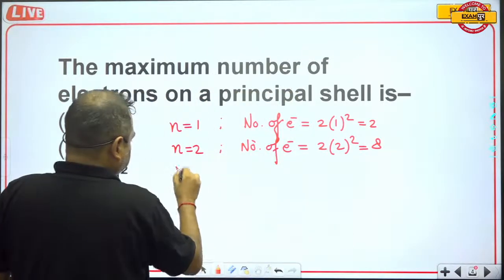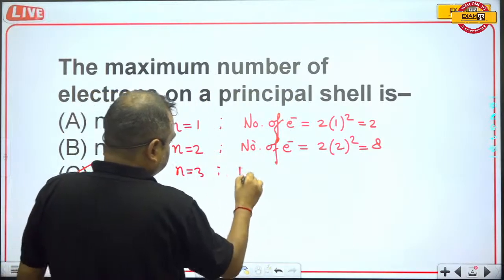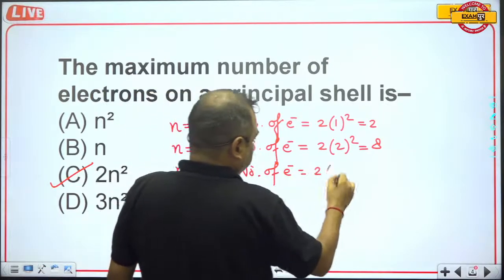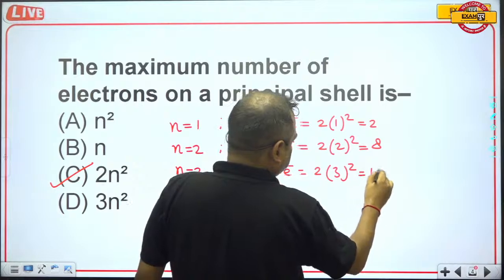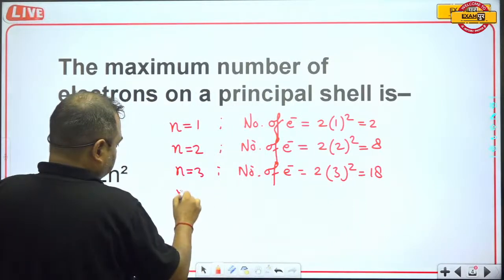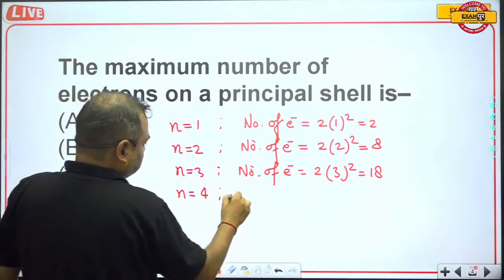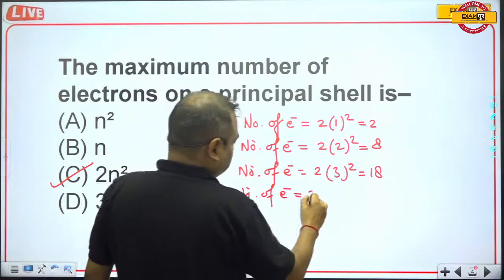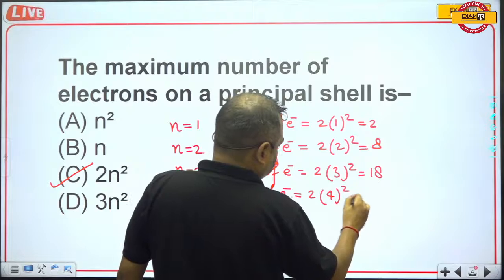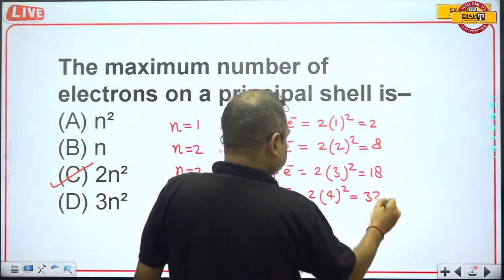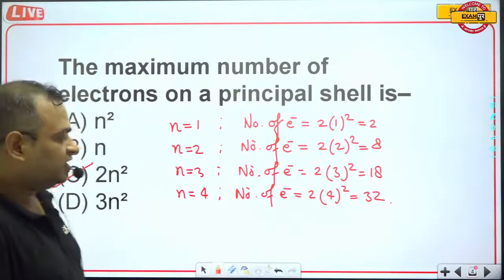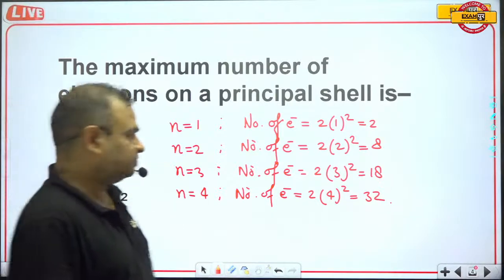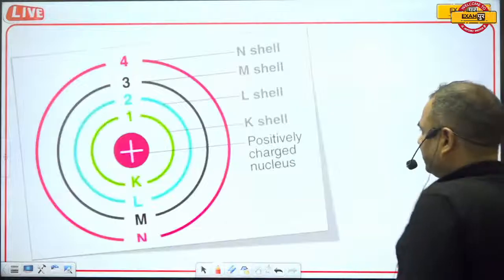Okay, if n is equal to 3, it is 2 into 3 square, and this will be equal to 18. In the 4th, it is equal to 2 into 4 square. So electrons in any atom come out of atom.